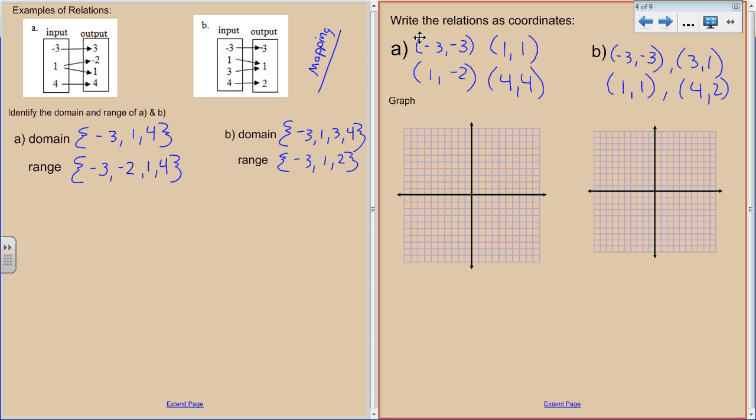Do each of my inputs have a separate arrow? Yeah. I can cover up the outputs. I don't care what they're going to. I just need to know they each only have one output. All right. Now we want to be able to look at it as an ordered pair. So what in the ordered pairs for A would give it away that it's not a function?